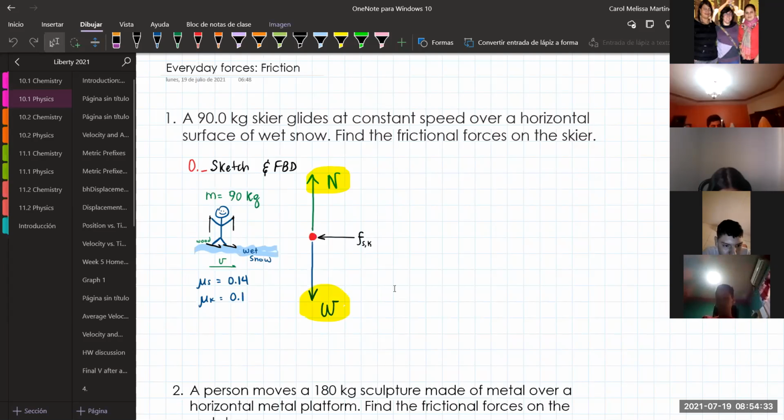The only difference is that the normal is going up, but my weight is going down. Since there are no other vertical forces, we can say that the normal is equal to the weight. So in the first step, what we do is we need to calculate the weight of the object.